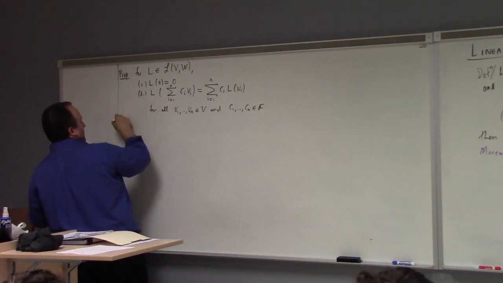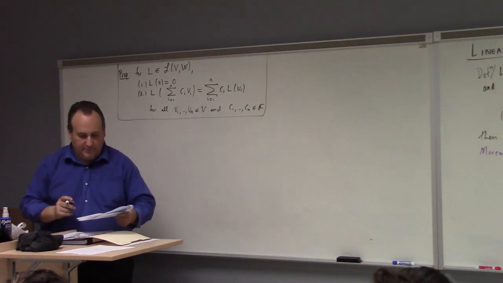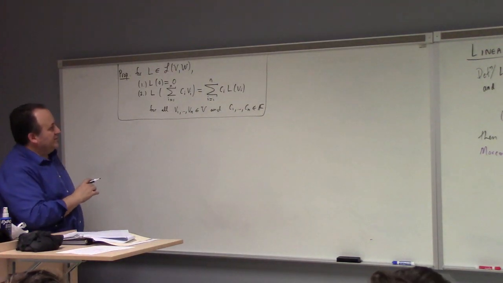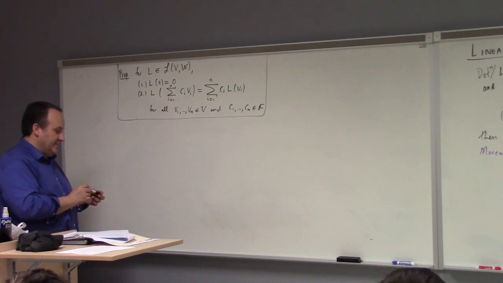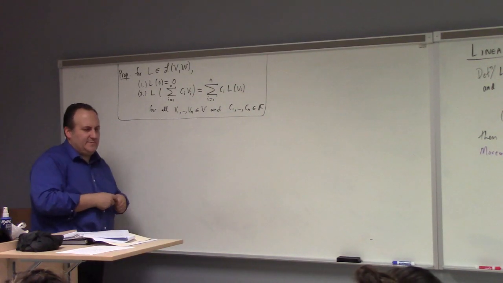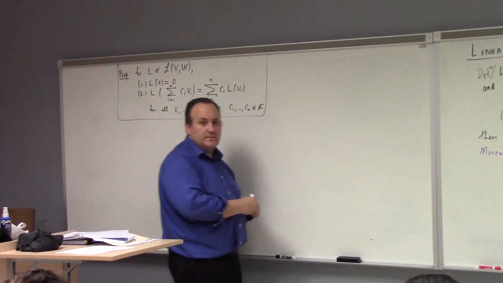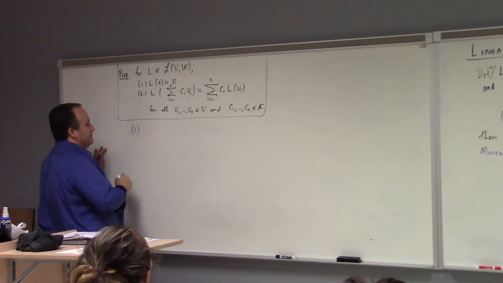So what this first proposition here is saying is two things, both of which you probably already know. The first of which is, of course, 0 maps to 0, right? So the proof of that, we can dispense with pretty easily. Do you guys have an idea how we prove one?